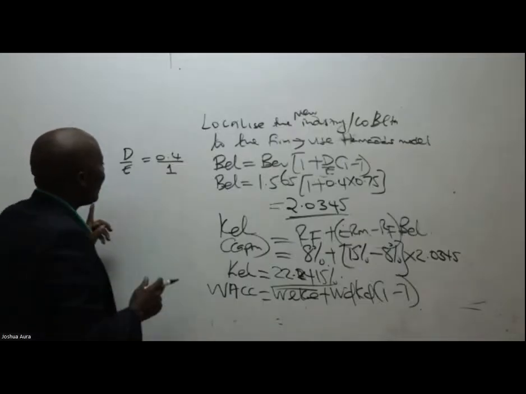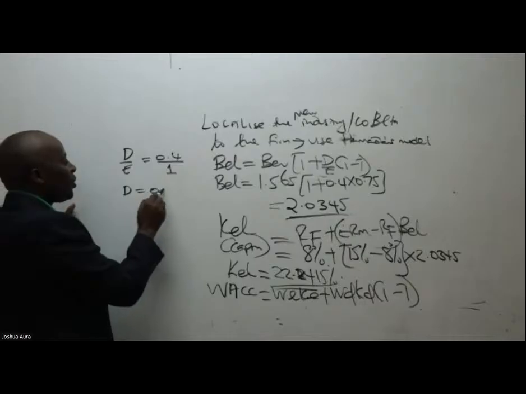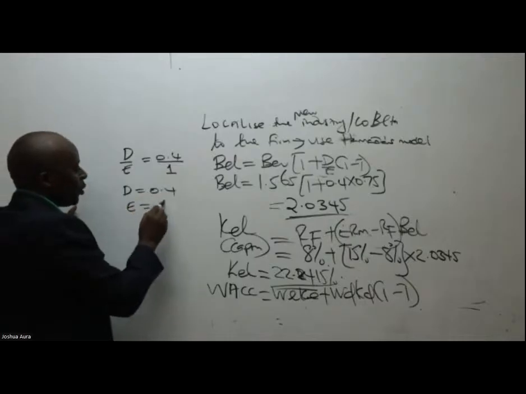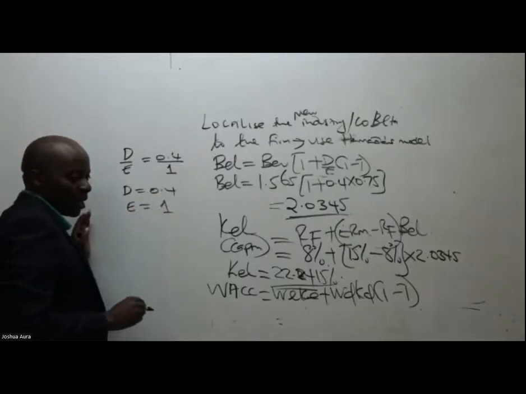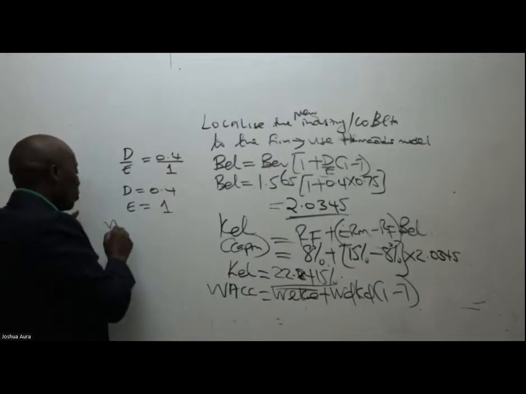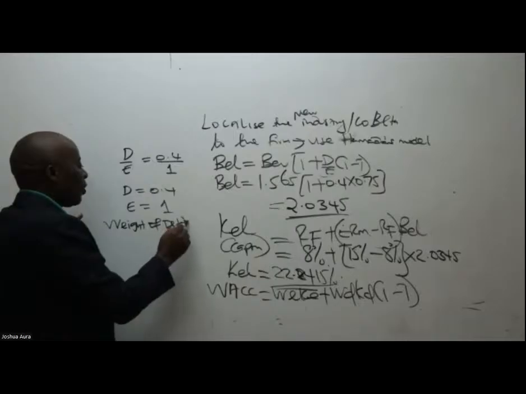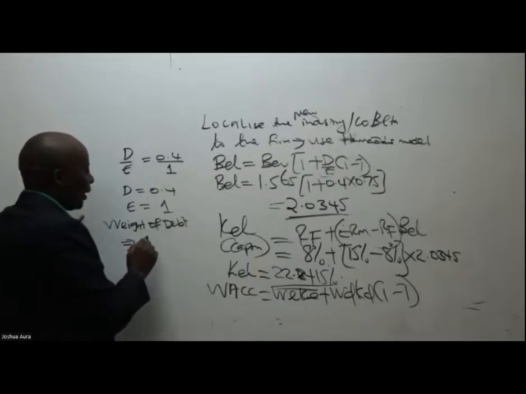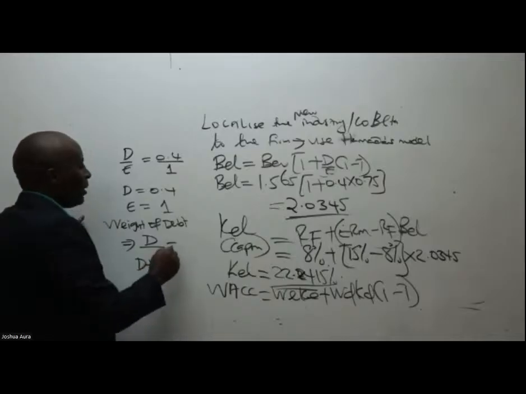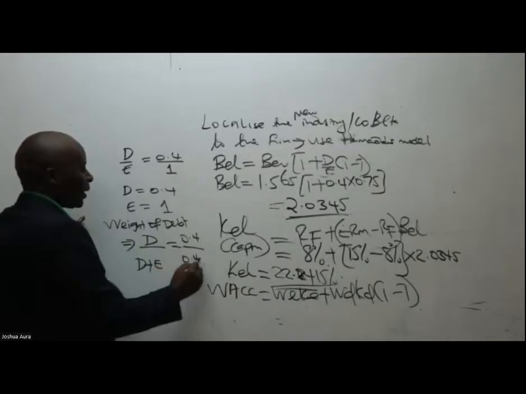So you're saying that debt, in short, is 0.4, and equity, in short, is 1. And when you want us to get the weight of debt, it will be debt over debt plus equity. Debt is 0.4 over 0.4 debt plus equity, which is 1.